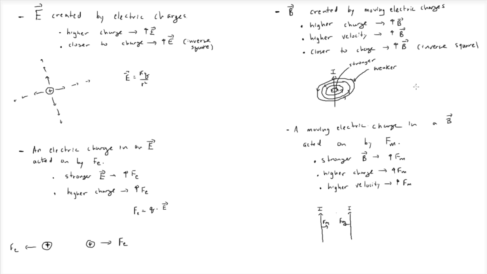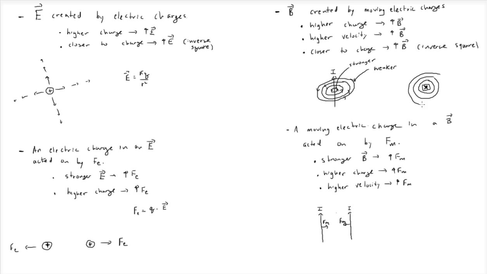Here, I can draw you another picture. Say we have a current that's going into the board right now. This is the symbol for that, and we'll go over that in the next video too. This is just to see a different perspective. Then the magnetic field that you would see would look like this.